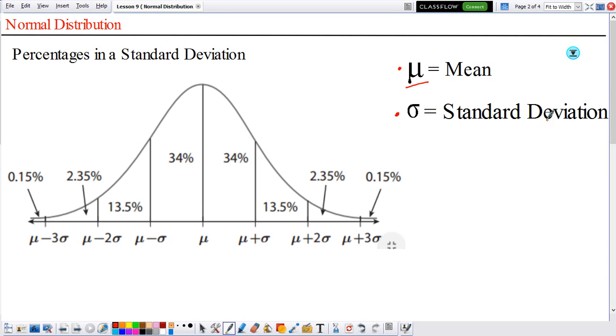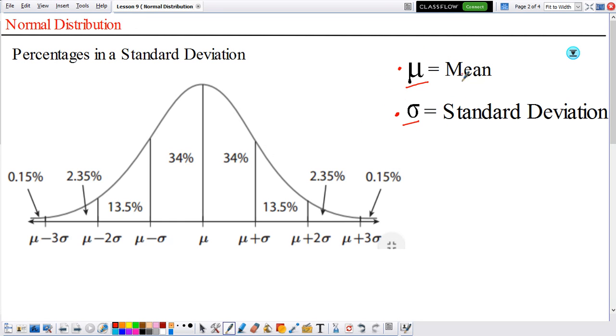And instead of writing standard deviation, we're just going to write the Greek letter sigma. So once again, this is just notation. Mu, the Greek letter, represents the mean, and sigma represents the standard deviation. Because when we talk about normal distribution, all you need to know is just the mean and the standard deviation. So we're going to use these two notations now.